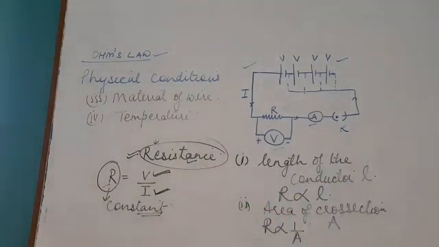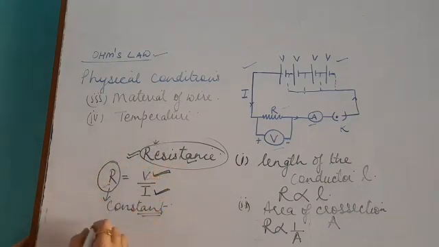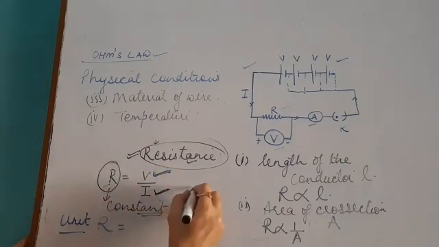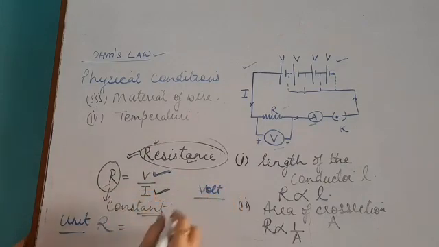Alright. And what shall be the unit of resistance? So you can find out from here itself. Unit. What is the unit of potential difference? Volt. Current.